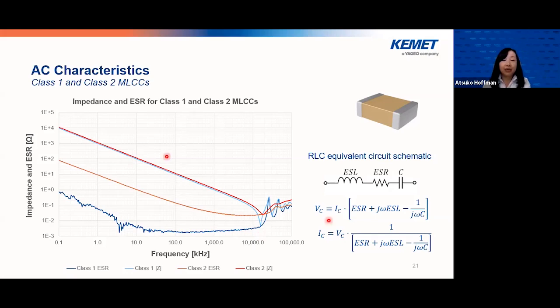Here you have AC voltage based on AC current going through the part, and then you have ESR, ESL, and the capacitance. If you have AC current, it is based on AC voltage, and it's a function of ESR, ESL, and the capacitance.